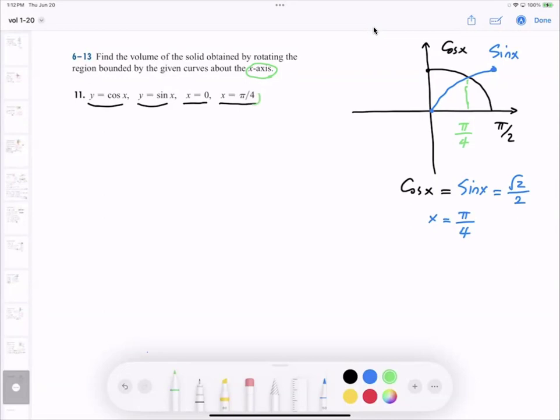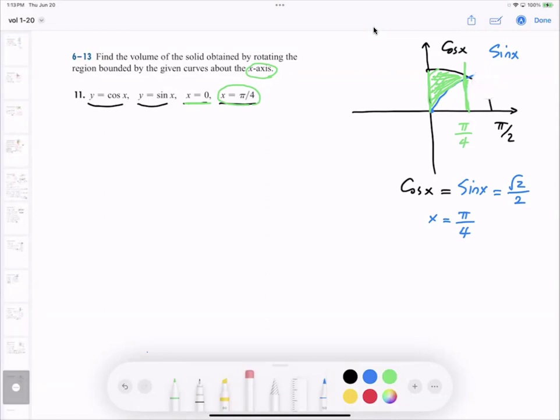So let us go back here. We know that x is equal to pi over 4, so we already have that vertical line, right? The other piece is x equals 0, which is our y-axis. So we look at this portion of the graph and try to rotate it with respect to the x-axis.